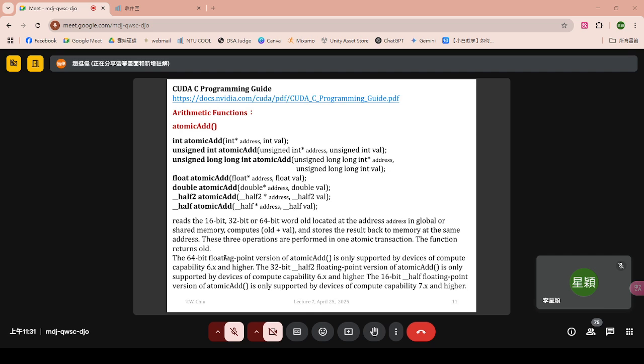For the 64-bit, that means the double precision atomic add, it is supported by compute capability 6.1, of course. For the GTX 1060, which is 6.1, it is supported.